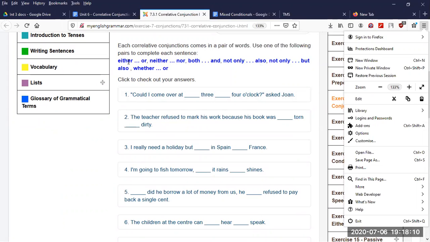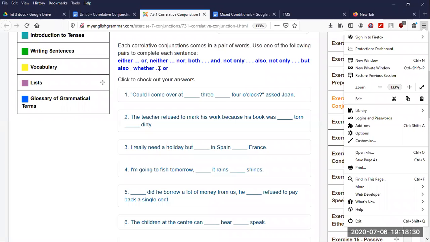Okay. So either and or is a choice of two things. You will do one thing or the other thing. Okay? We can remember because it's something or something. So with or we use either.